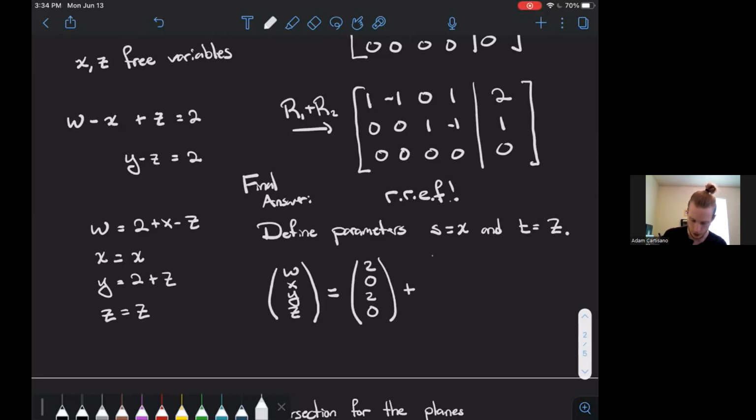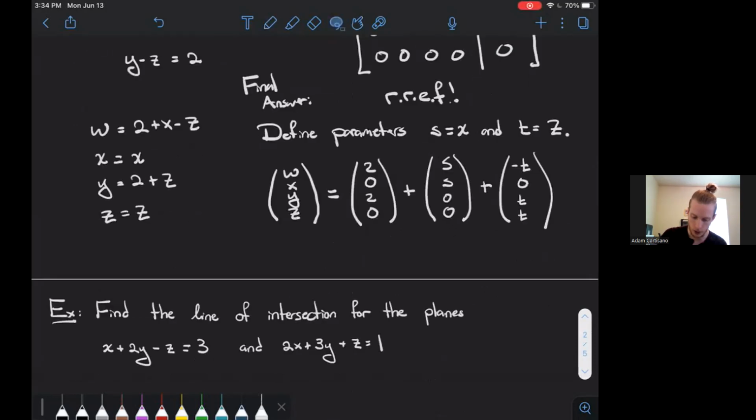So anything that has an x in it. S, 0, 0. And a vector containing t's. That's anything that has a z in it. So negative 1, 0, 1, 1. Sorry, t's everywhere. Negative t, 0, t, t.